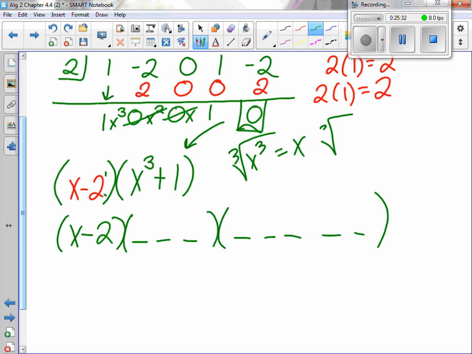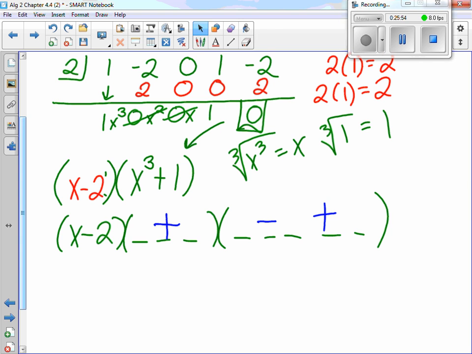I can take the cubed root of 1 and get 1. This is a sum of perfect cubes. So now that we see that, the next thing we can do is our signs. So it would be the same. So our first one would be plus. Opposite would make it minus. And we always want to end on a positive note. So for this one here, we'd have plus, minus, plus.